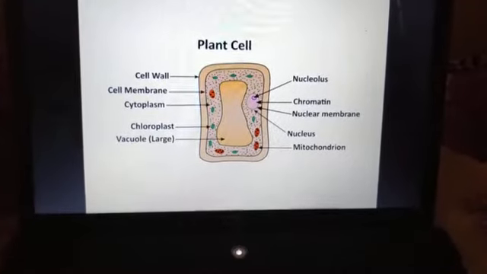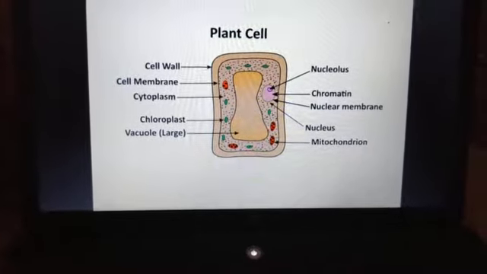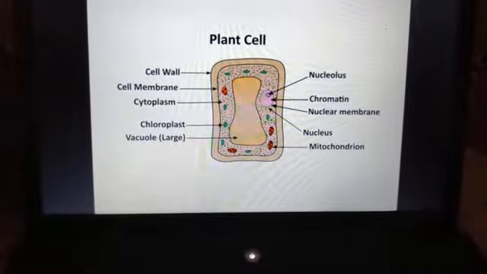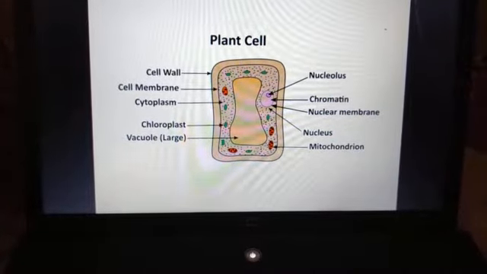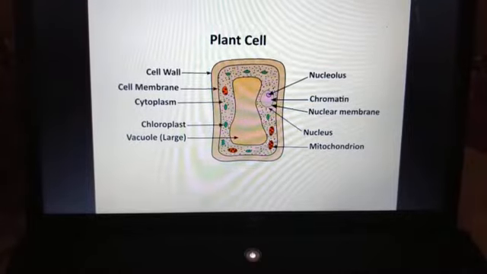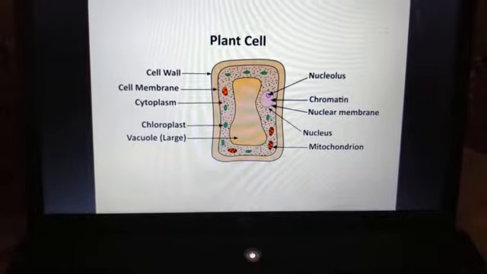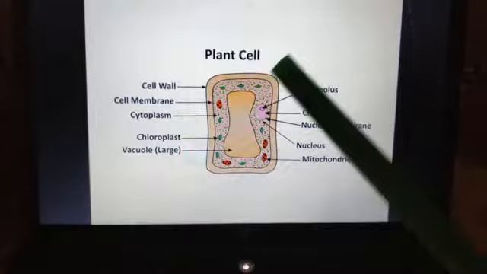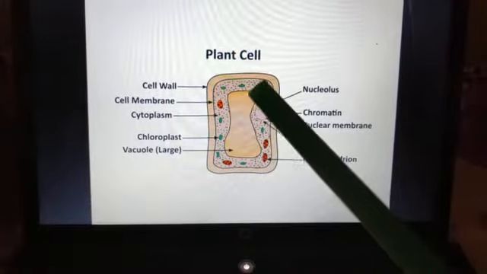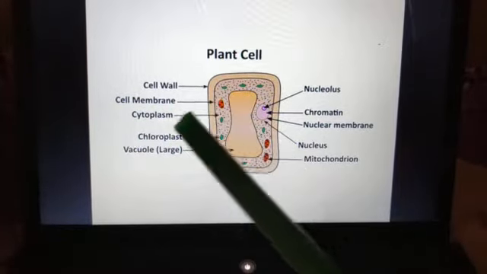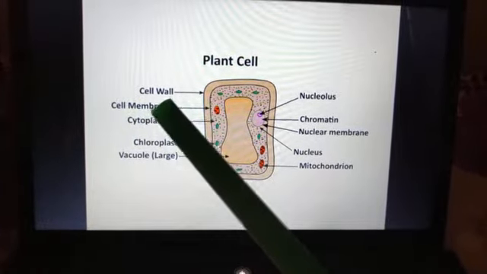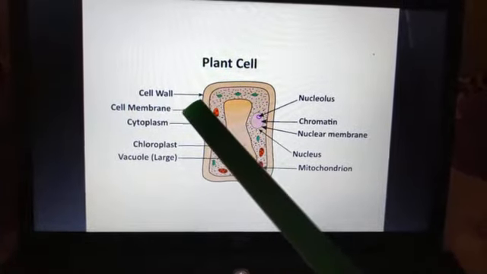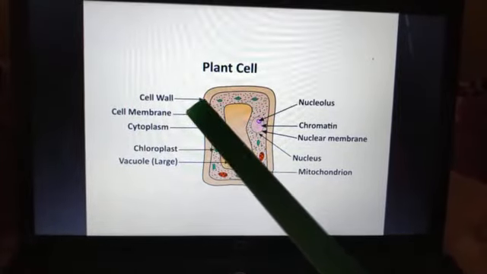Let's now see a plant cell. So in plant cell, the cell membrane or the plasma membrane is covered by another thick covering called the cell wall. So here you can see this inner lining is the cell membrane, and it is covered by a thick layer called the cell wall.